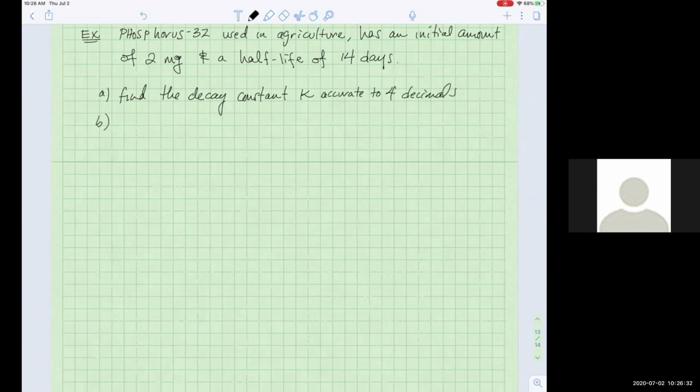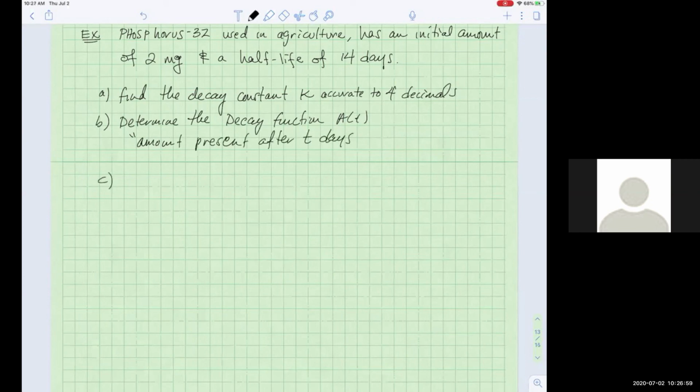B. Determine the decay function A of T, this is the amount present after T days.